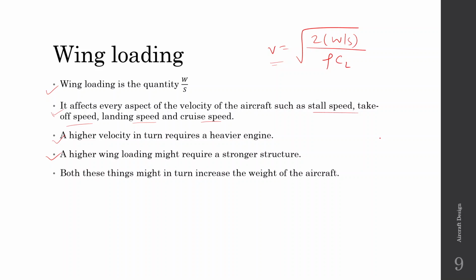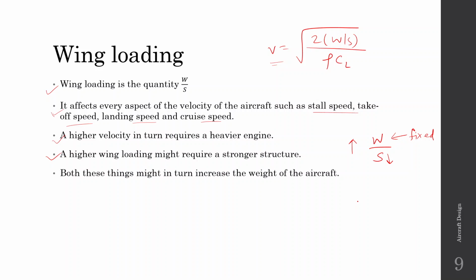Why? Because wing loading is W by S. If your weight is fixed and you want a higher wing loading, then your S is going to go down, which means the wing area is going down. So a smaller wing has to lift the same weight.